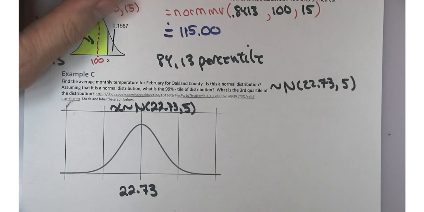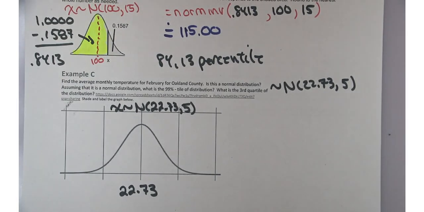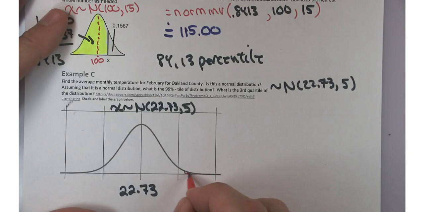I want to find the 99th percentile. Is that going to be way out here in the left tail or way up here in the right tail? The right tail. It's higher than 99% of your data, so it's going to be this point way out here. I can't really draw it too accurately.